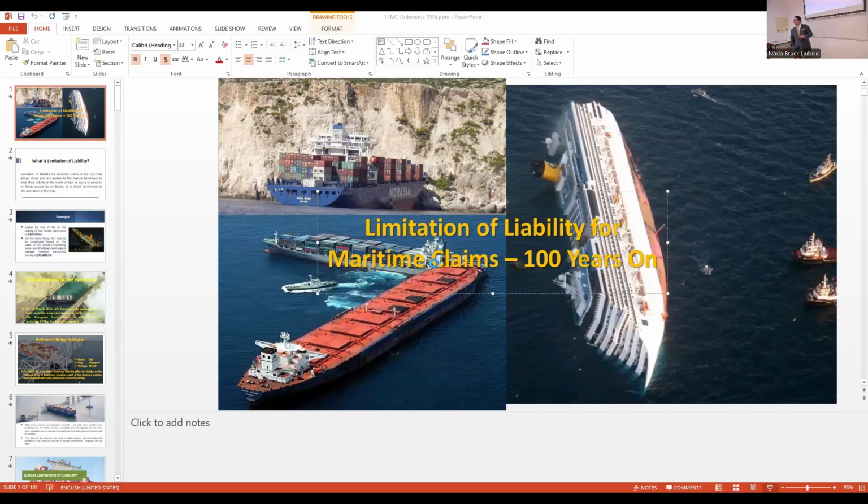Because in reality, the resolutions are adopted by the state parties to the convention, not by IMO. So it's what we know as an authentic interpretation of the treaty. There was resolution 1163 on LLMC 76, resolution 1164 on 96, and resolution 1165 on the CLC. As I said, they apply the same principle.